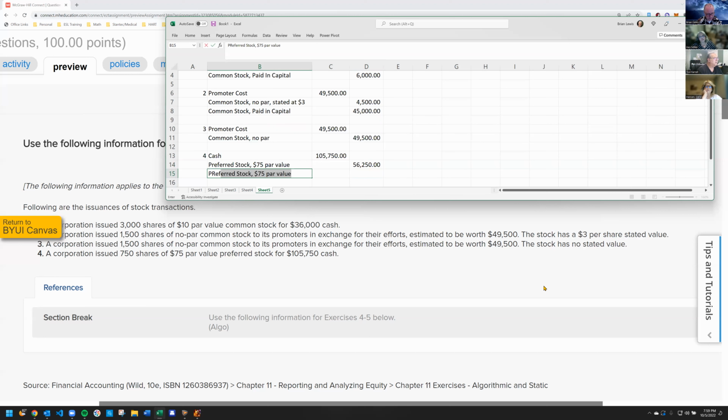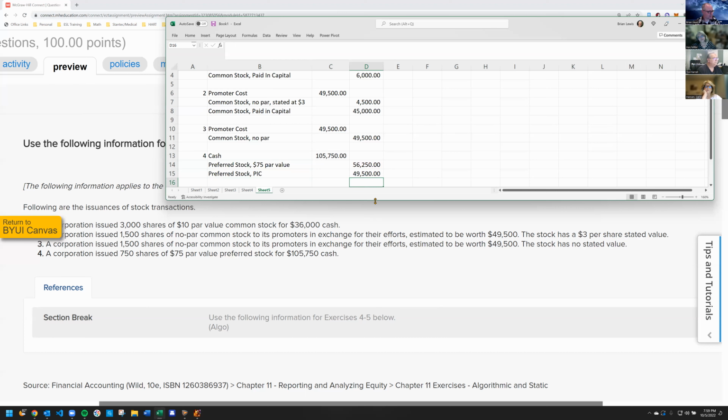And then preferred stock. Preferred stock paid in capital. Okay, that's how I think it is done.